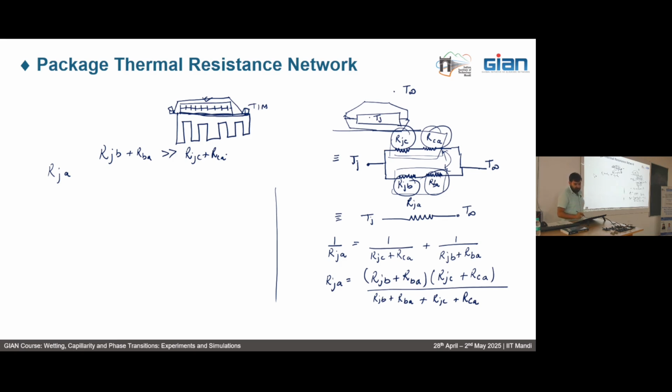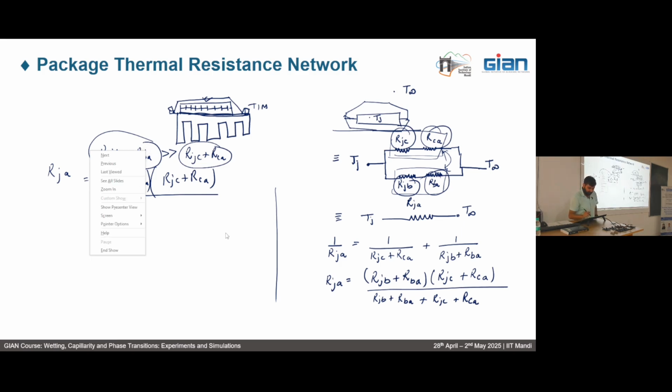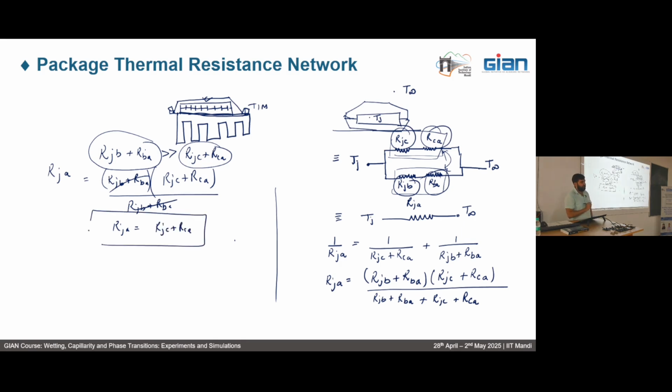But analytically, if you look at this equation, we can simply write RJB plus RBA coming out of the bracket, and then RJC plus RCA. Now this term is much greater than this term. So if this term adds into this term, it still remains this term. So we can write the denominator as RJB plus RBA, it cancels out, and RJA would be equal to RJC plus RCA, right?